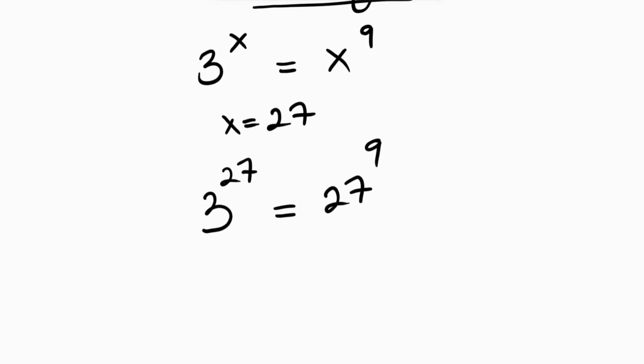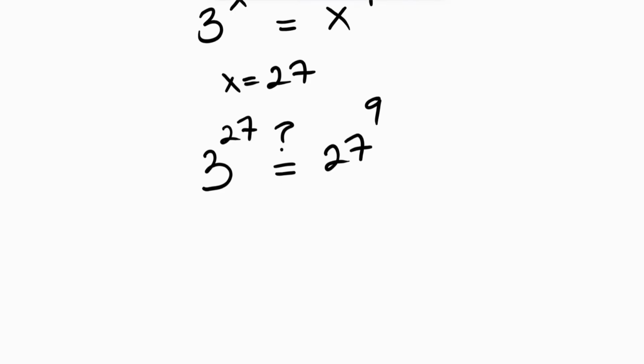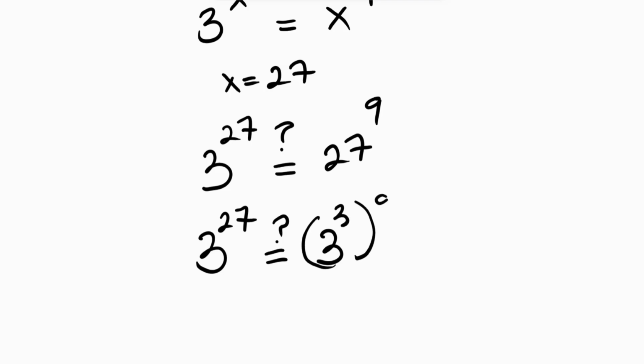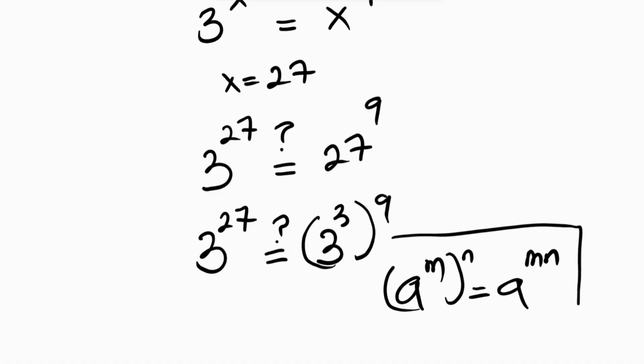Now, the left-hand side doesn't look like the right-hand side yet, but we can do something to it. 3 raised to the power 27 is equal to, well, 27 is the same thing as 3 raised to the power 3. And we know that a raised to the power mn is equal to a raised to the power mn; they can multiply.